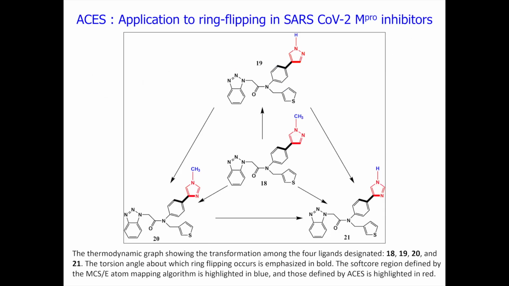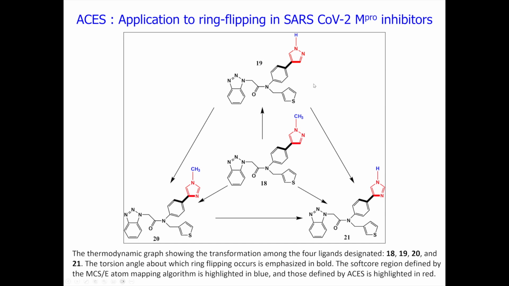So to give a little bit of a sense of some more recent studies, we applied ACES to ring flipping in the SARS-CoV-2 main protease, some main protease inhibitors. I wanted to show an example where the inhibitors differ by a ring, a 5-membered ring that's attached by a single bond to a common molecular scaffold.